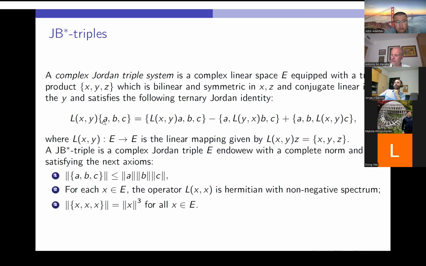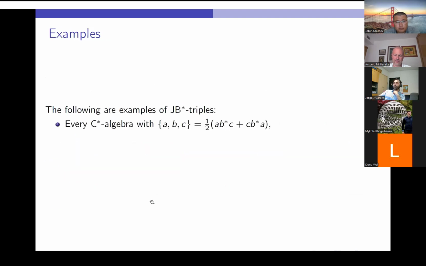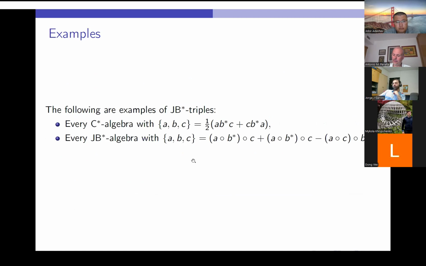It also satisfies these three additional axioms: some continuity of the product, this axiom here, and the last axiom is a ternary version of the Gelfand-Naimark axiom. So examples of JB-star triples are, of course, every JB-star algebra with this triple product here, and also something that is not a C-star algebra or a JB-star algebra: we take the bounded operators between two complex spaces, maybe not the same.